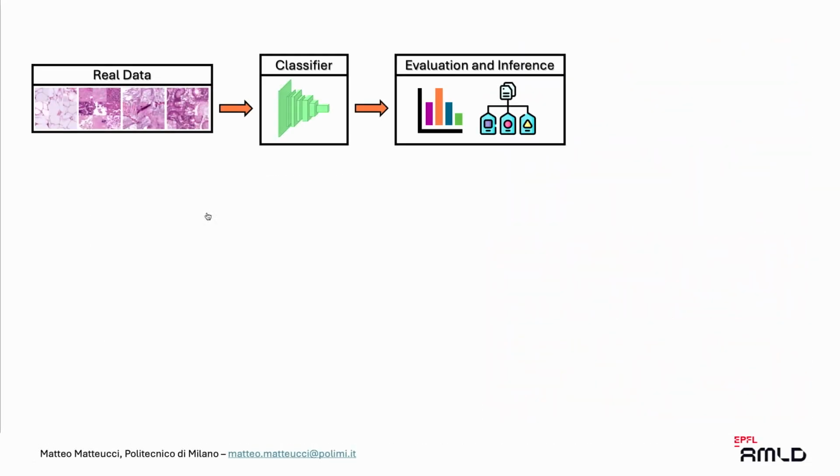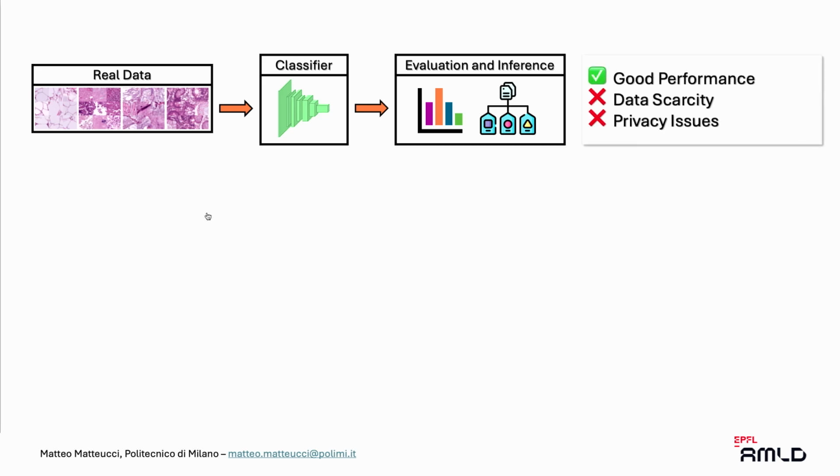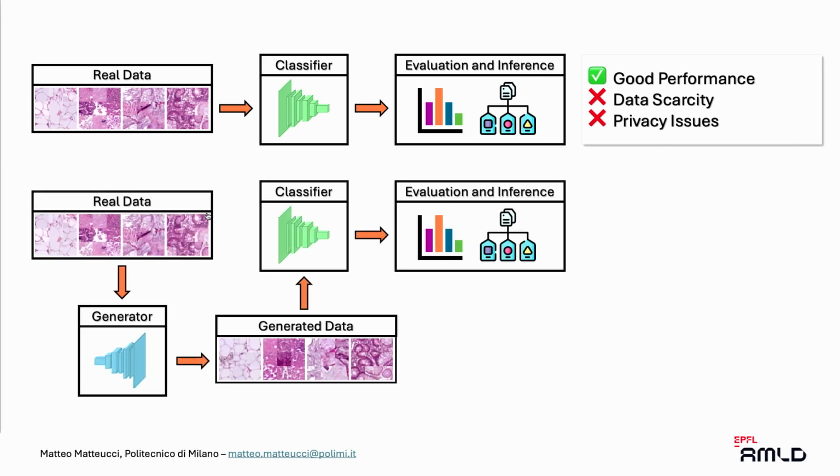So the question is, let's assume we have some real data, and we are interested in developing a classifier, and then we will eventually evaluate this classifier. What if we take real data, train a generator for this data, and then sample synthetic data to train the same classifier, and eventually get the same result?